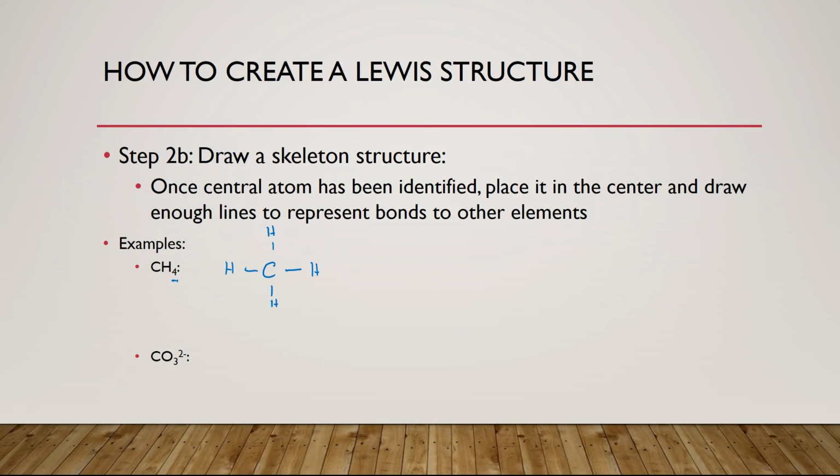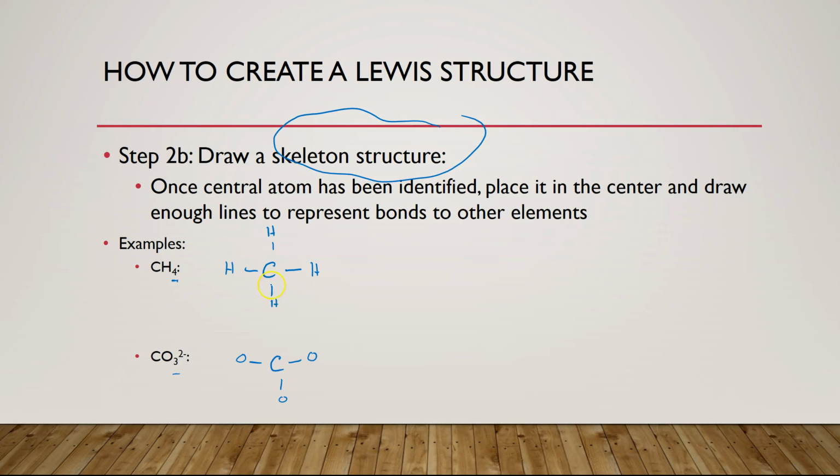Now for carbonate, I'm going to have a C in the center, right? But I'm only going to draw 1, 2, 3 lines because there's only 3 oxygens, and I'll put an O there, and an O there, and an O there. Now these are not complete yet. I have some other things I have to add, but this is just my skeleton. This is where I'm going to start my Lewis structure.